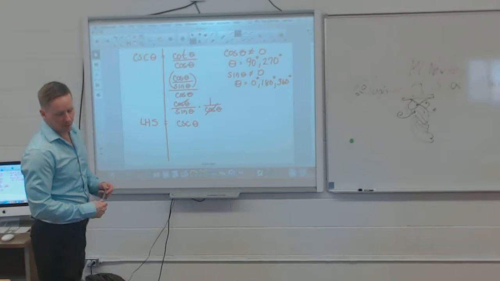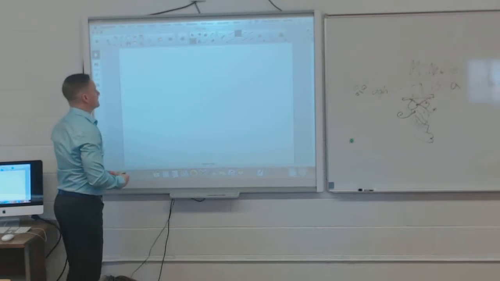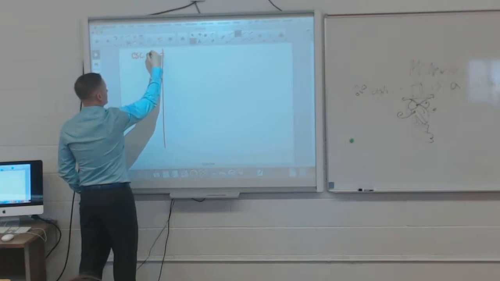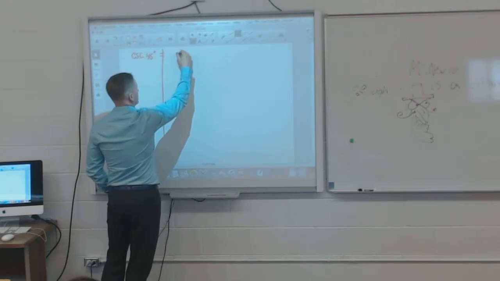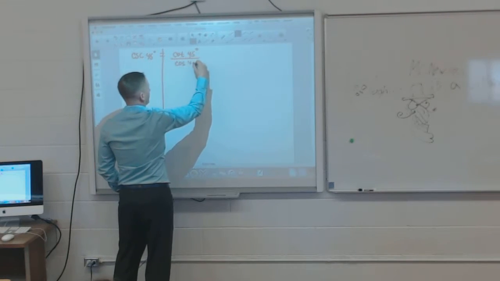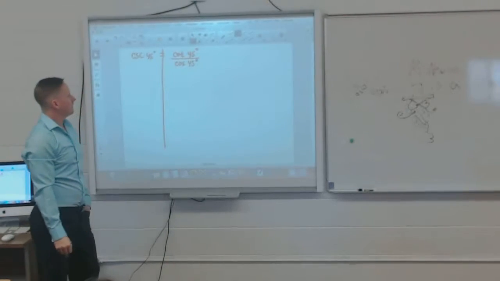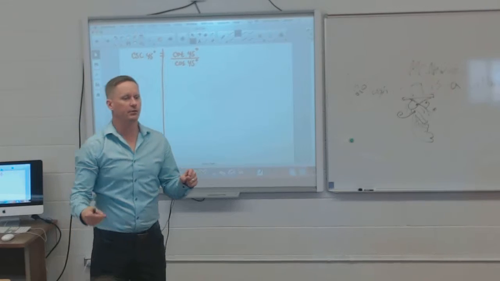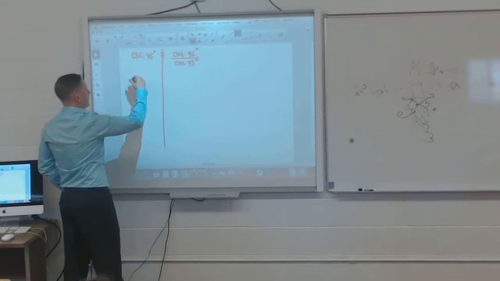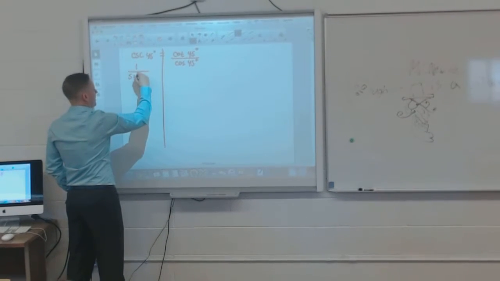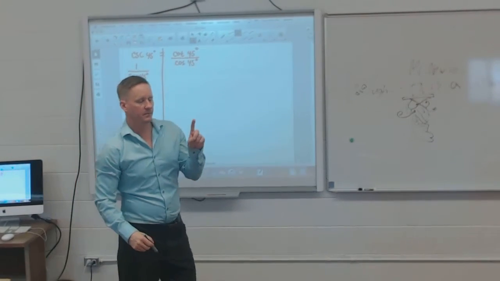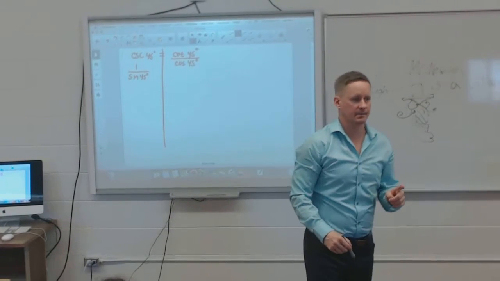Now, they want us to prove it for 45 degrees. So I start by writing out cosecant 45 degrees is equal to cotan 45 degrees over cos of 45 degrees. When I use numbers, I'm now going to use both sides. Cosecant of 45 degrees is 1 over sine 45 degrees. Get this straight, because some of you did this wrong on your test.